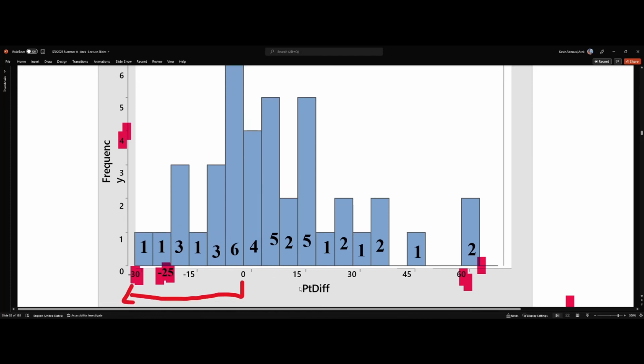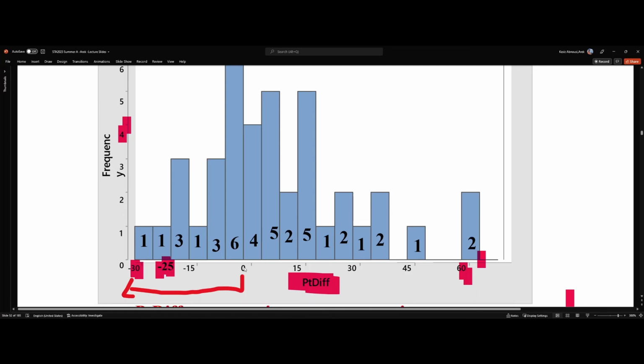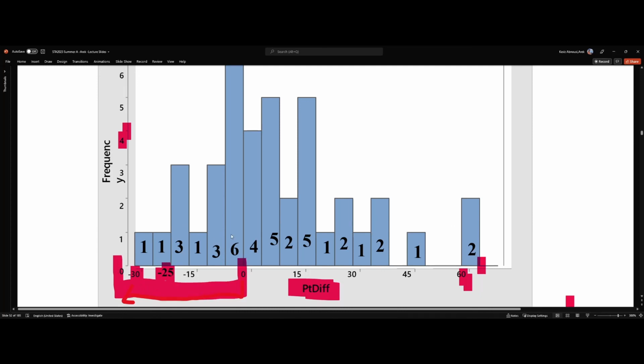When the point difference is negative, it means the Gators scored fewer points than their opponents. So when it's negative, it means we lost, right? The Gators lost because they have negative points. So every point that is below 0, these are the point differences on the x-axis.